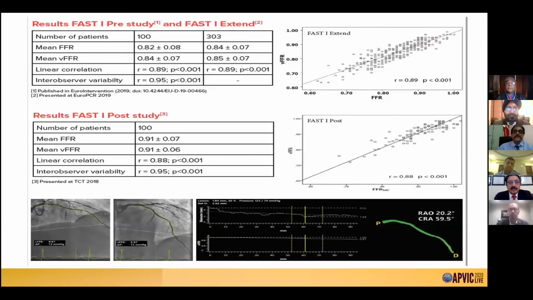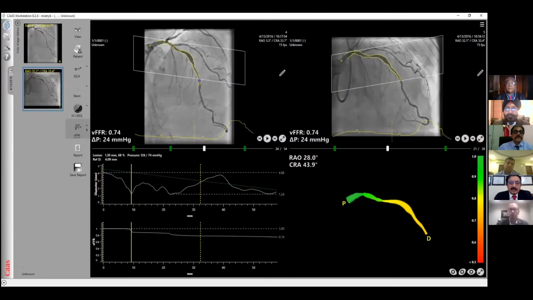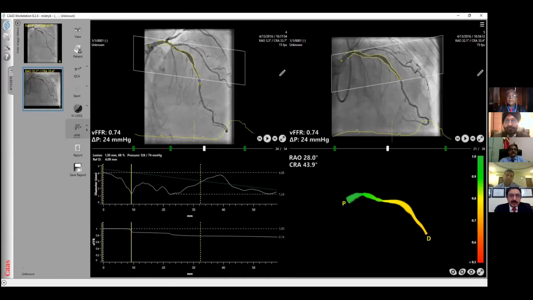And what has been seen in the FAST I and FAST II studies is that this FFR, which is known as virtual FFR or VFFR, has a correlation with the actual wire-based FFR of 0.89 or 0.9. So this is a very accurate, non-invasive way, non-invasive inside the cath lab, to know the fractional flow reserve.